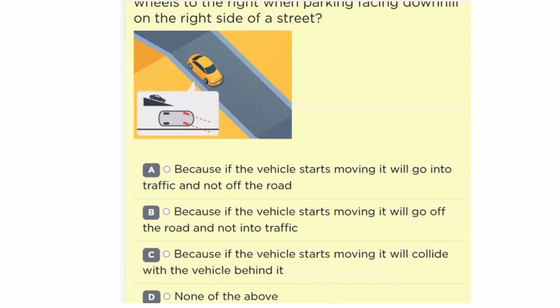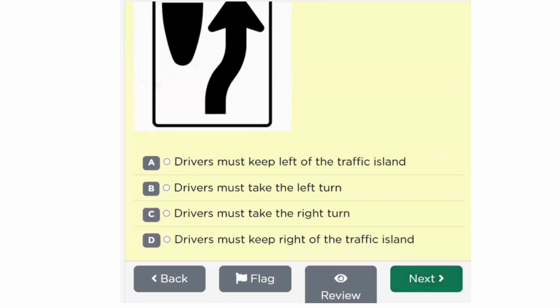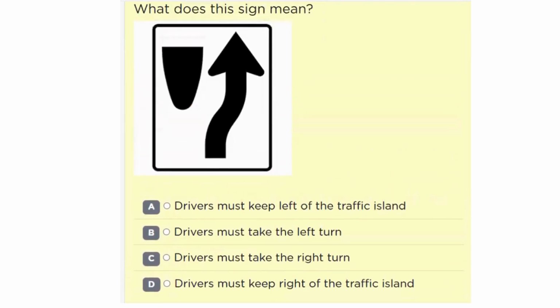That has to be the reason, I guess. Driver must keep right.